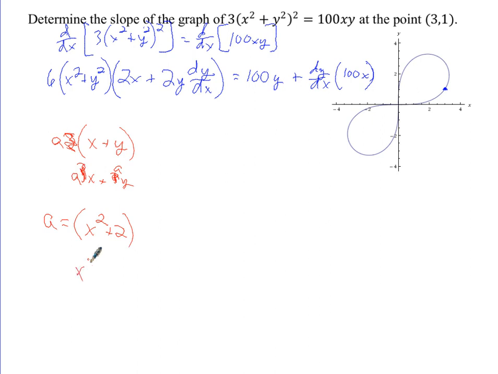So that would give me x squared plus 2 here times x, plus x squared plus 2 here times y, right? But what if I substituted that x squared plus 2 in up here to begin with? Now I'd have x squared plus 2 here, then times the x plus y here, right?